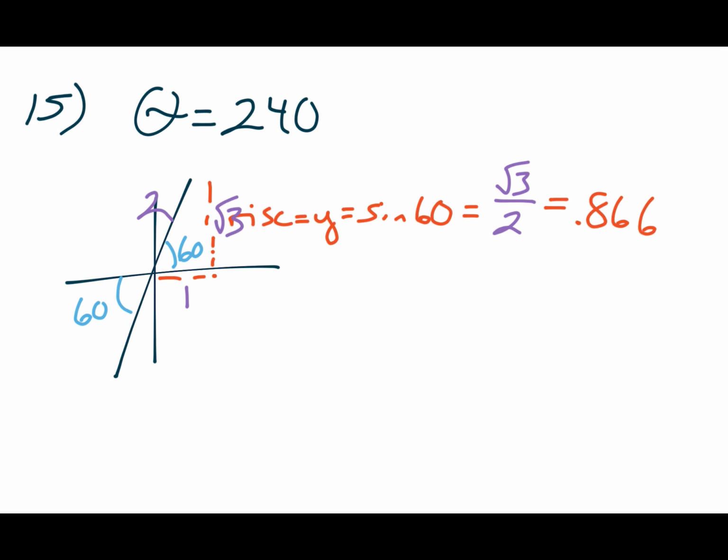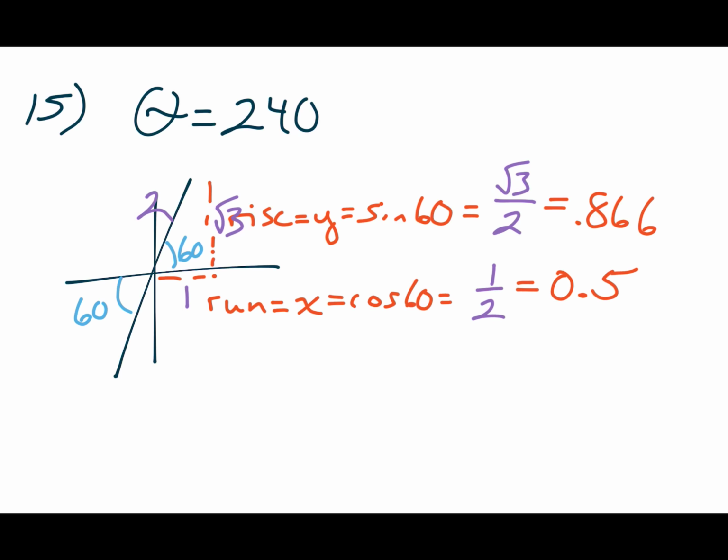How about the run? The run is x, right? X is going to be the cosine of 60. But I can also think of that in special triangle form as 1 over 2. And that truly is the cosine of 60, the number 0.5.